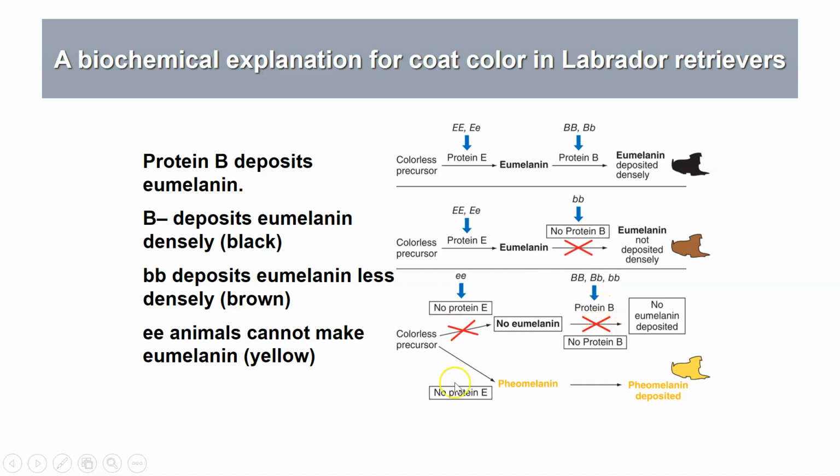And the colorless precursor is shunted into this alternate pathway, which produces an alternate pigment, a lighter pigment than eumelanin called pheomelanin, and that gets deposited and produces the yellow lab phenotype. So there's a 9 to 3 to 4 ratio due to the fact that the genes here are producing proteins, cooperating and producing these different phenotypes.